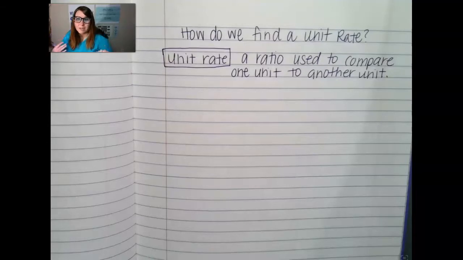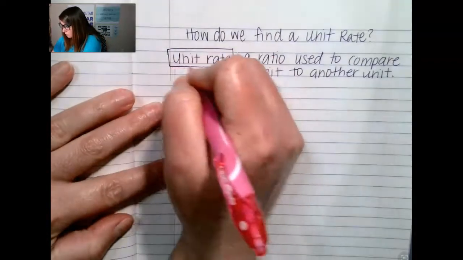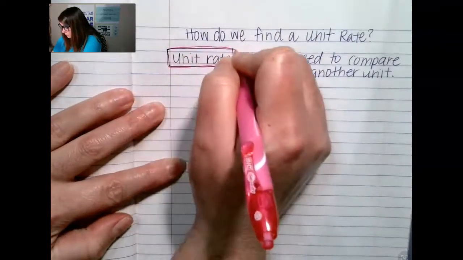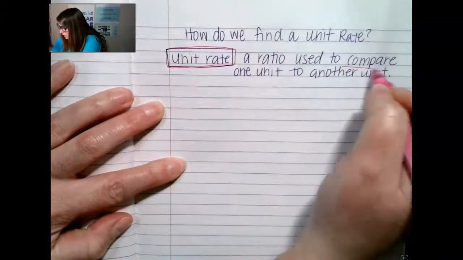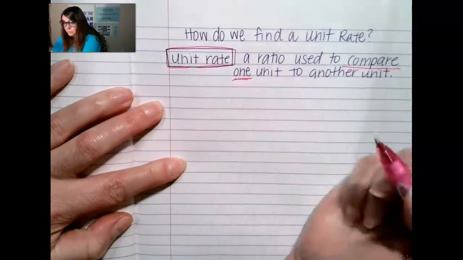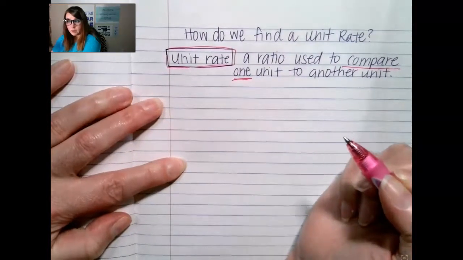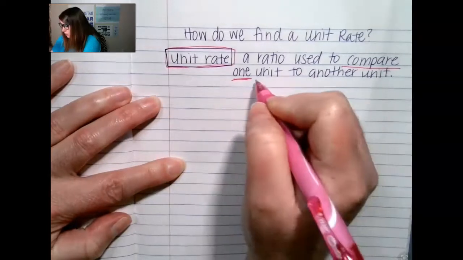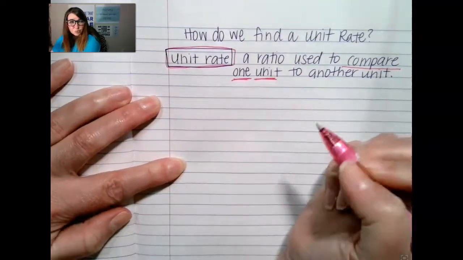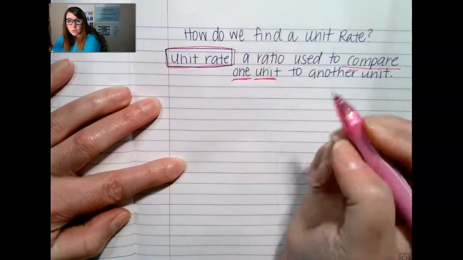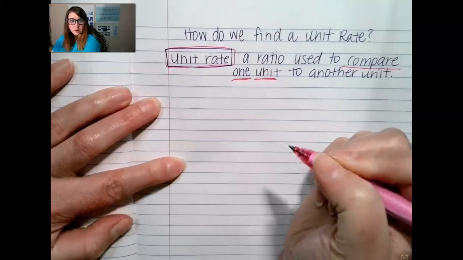We use a special word when we use unit rate. So unit rate, I should have highlighted this in a different color, compares one, okay? Compare one unit. That one is really, really important. So one unit to another.